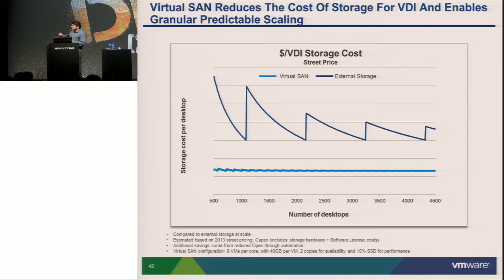As you scale your VDI from POC to production to 500 and beyond, the upfront investment is very small. It's steady. And if you compare that to an external storage system, you have to have a huge upfront investment each time you scale your VDI deployment. And this is a very important point to note, particularly for VDI deployments.